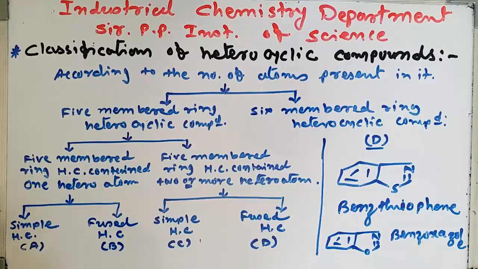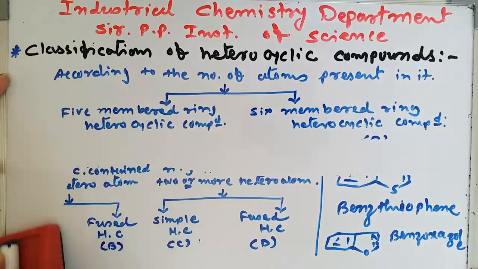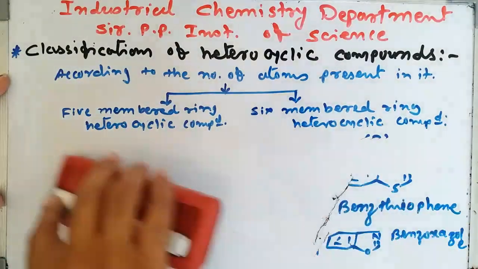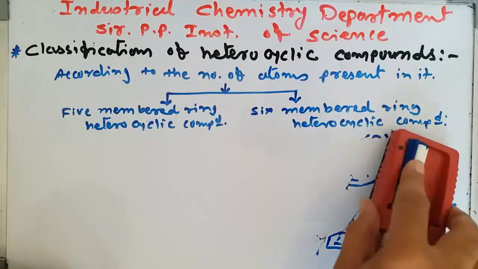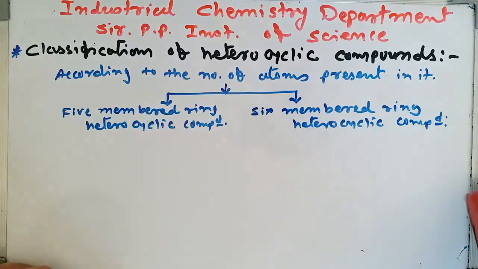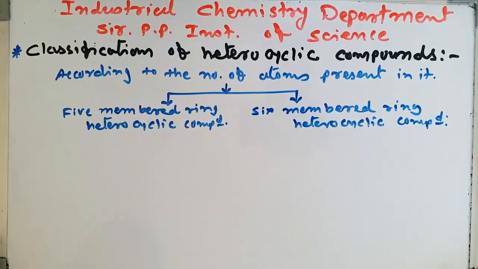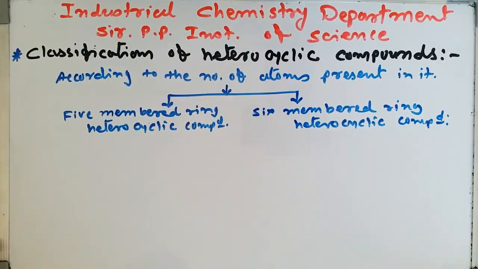Now we see 6-member ring heterocyclic compounds. So I rub out this 5-member ring heterocyclic compound classification. You all now see the classification of 6-member ring heterocyclic compounds.